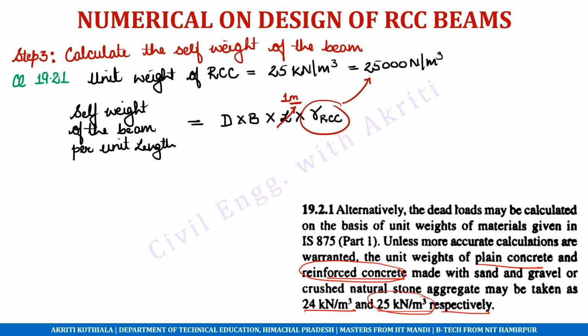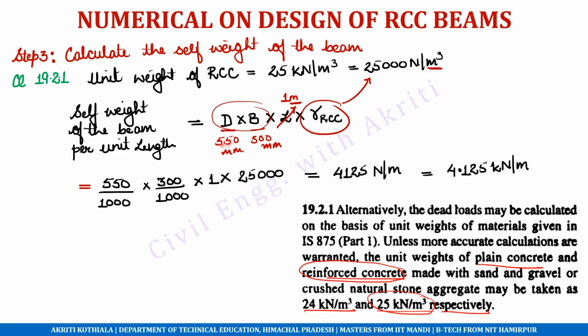We have to keep in mind the units. The value of D is 550 mm and the value of B is 300 mm. So we will have to convert either these two into meters or these two into millimeters. Converting these two into meters, it calculates to be equal to 4125 Newton per meter, which can be written as 4.125 kilonewton per meter for our ease.